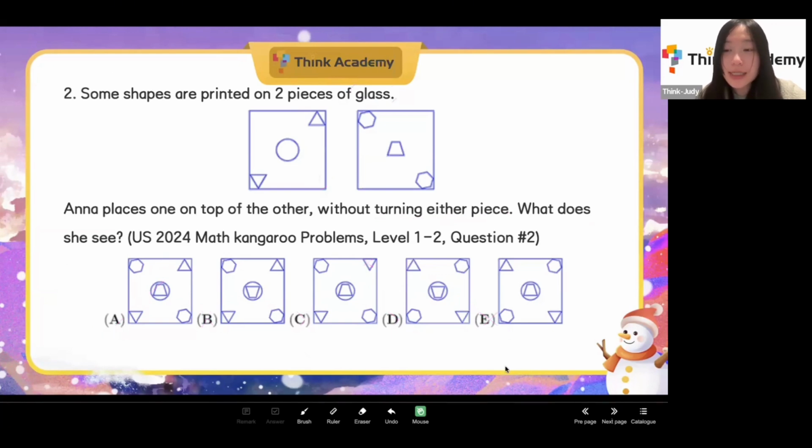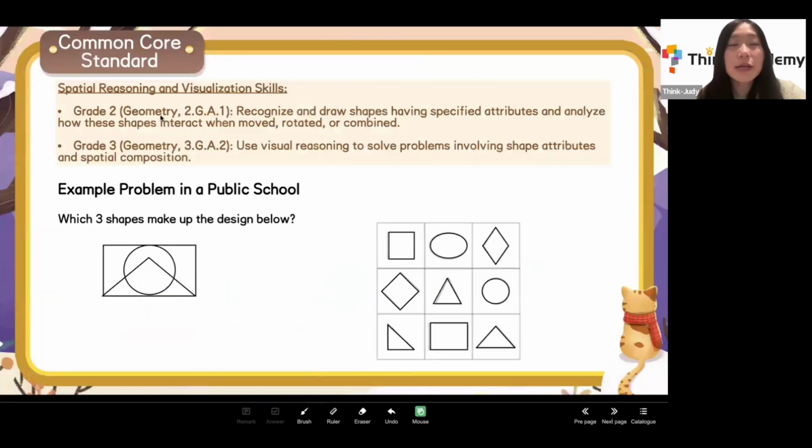All right, so now we can also take a look. This is something learned in school math as well. Here, it is all about observation and also spatial sense. We need to imagine their spatial relationship. So it is something we learn in the second grade and also in the third grade. It's also a combination.